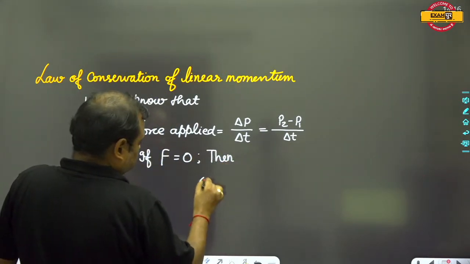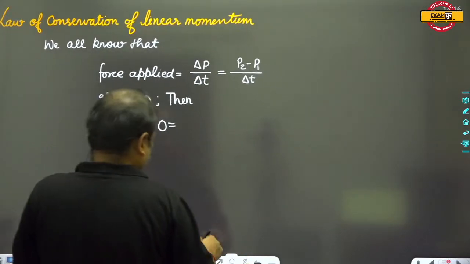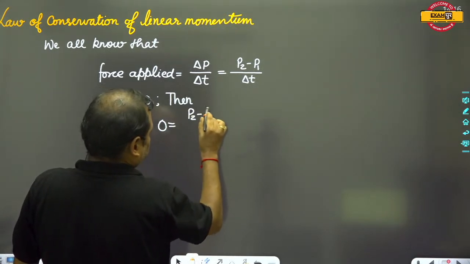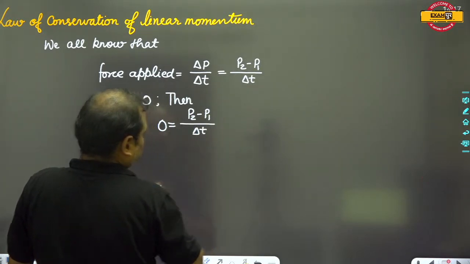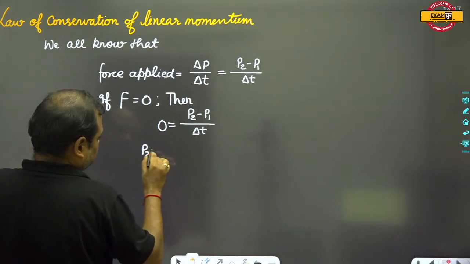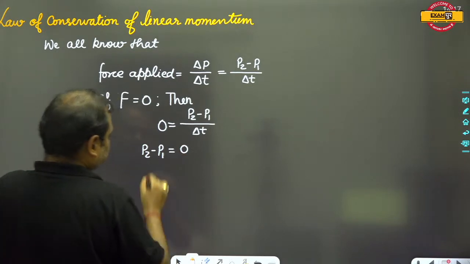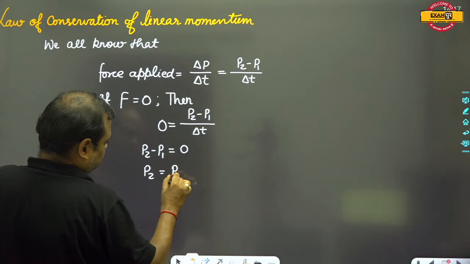Then 0 will be equal to (p2 minus p1) upon delta t. It means p2 minus p1 is equal to 0. It means p2 will be equal to p1.